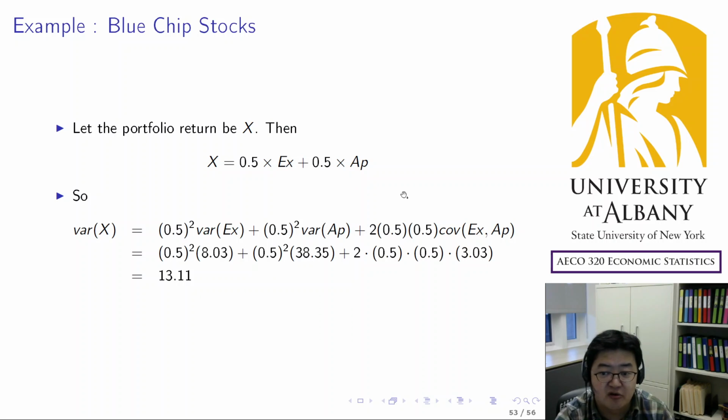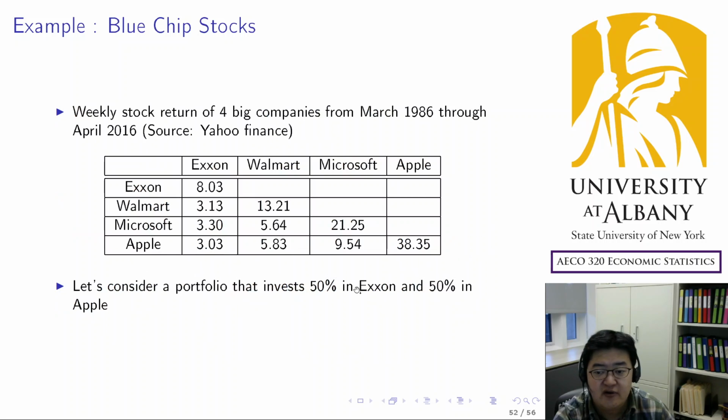Oh, I'm sorry, I skipped multiple slides at once. So plug in the numbers: variance of Exxon, variance of Apple, covariance between them. We know those numbers, so you plug them in, then you get 13.11. 13.11 is the variance of this portfolio, which is riskier than Exxon only.